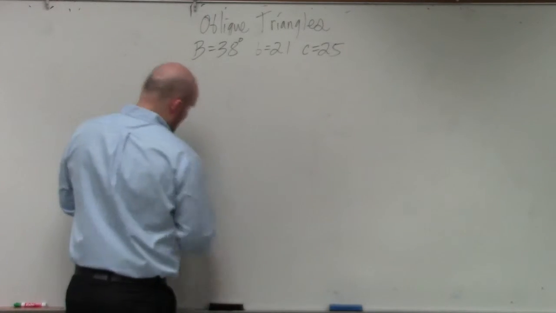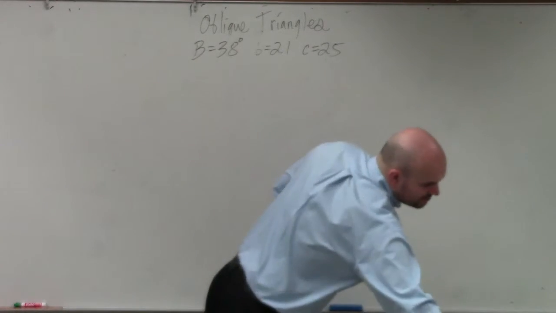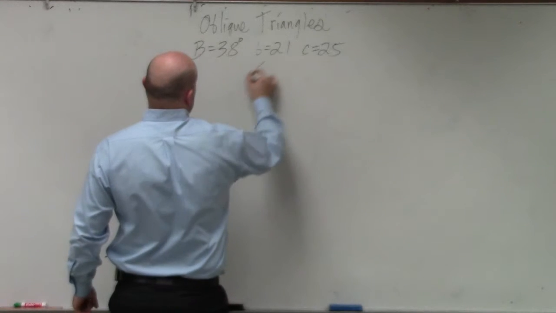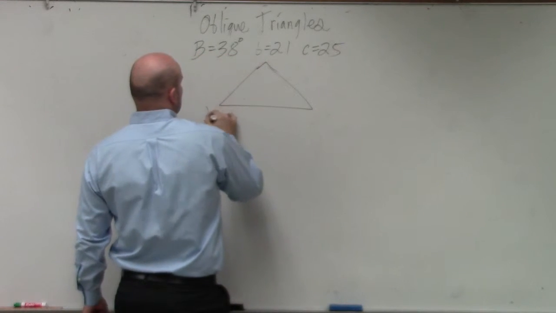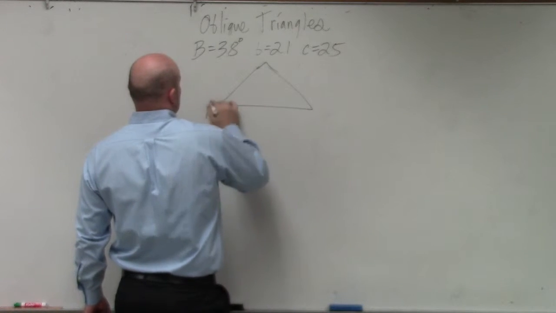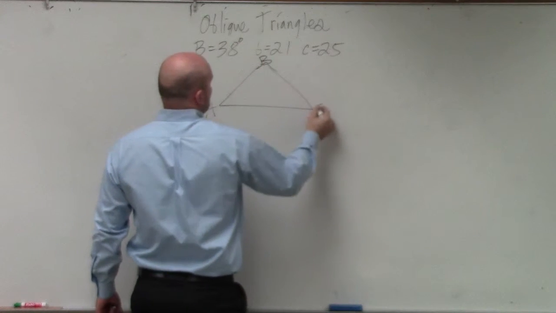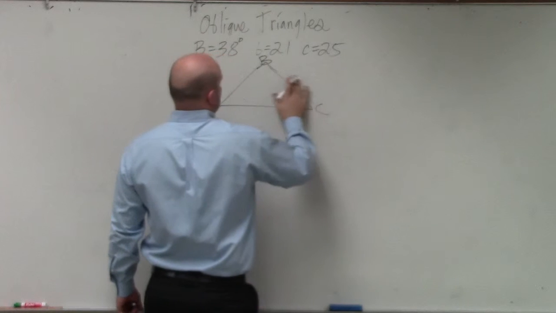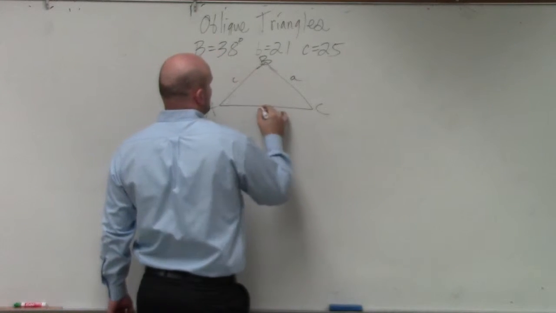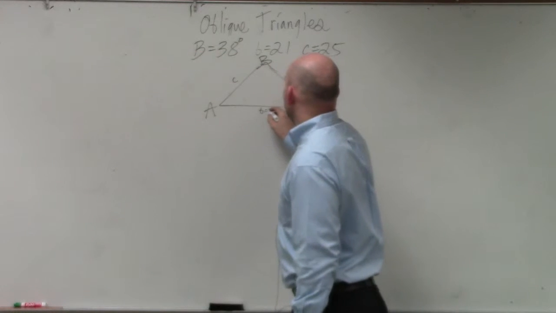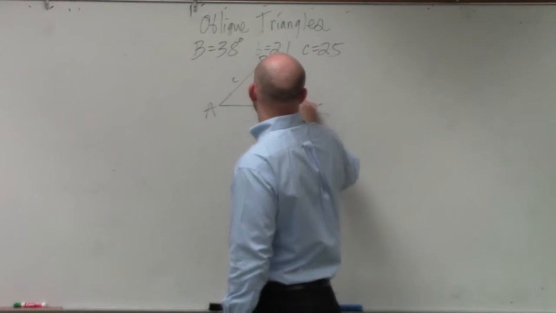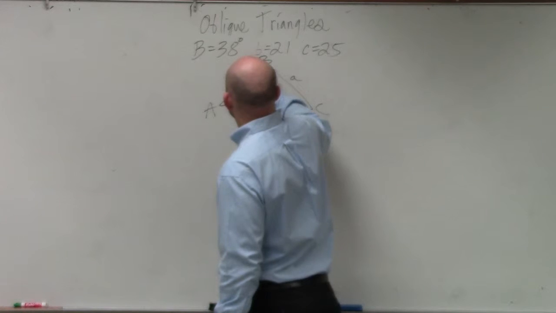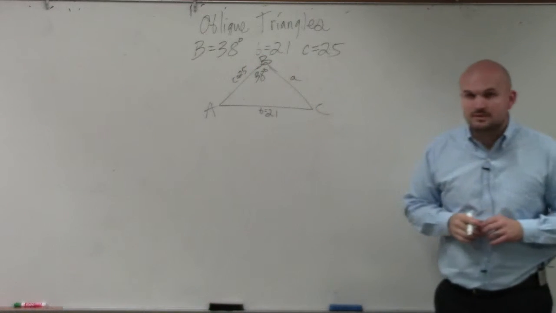Just like I did before, I always like to sketch a small little triangle, just to see what everything looks like. So let's do A, B, C. We have little a, little c, and little b. So we know b is 21, big B is 38 degrees, and c is 25. Does everybody follow me?